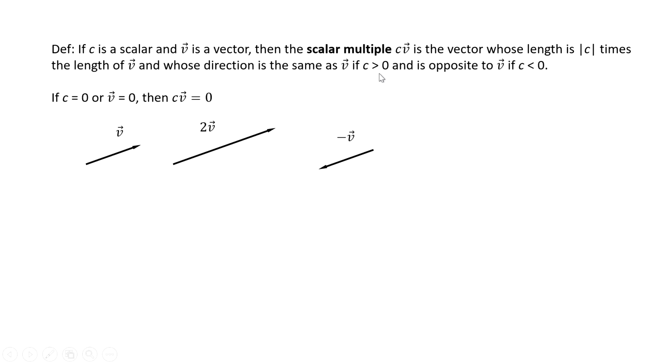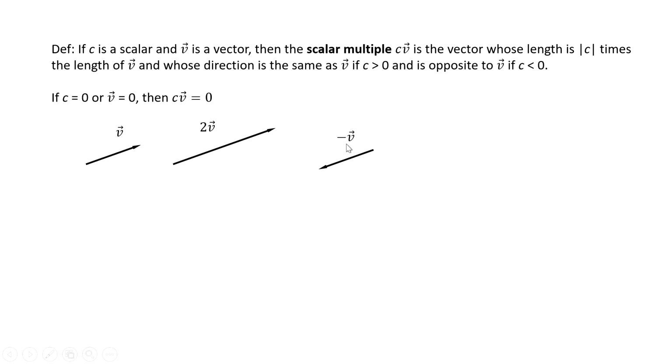And according to this, what is CV? A vector whose length is absolute value C times the length of V. In this case, C happens to be negative 1. So what is the length of the negative V vector? Compared to V, take the absolute value of negative 1, which is 1. So 1 times the length of V. That means the magnitude of this vector is exactly the same as the magnitude of V. Now, if C is greater than 0, the direction is the same, and it is opposite to V if C is less than 0.